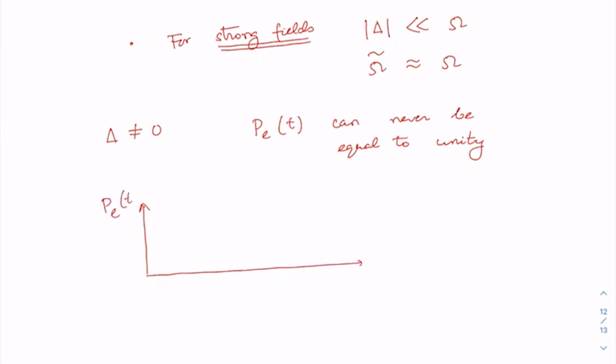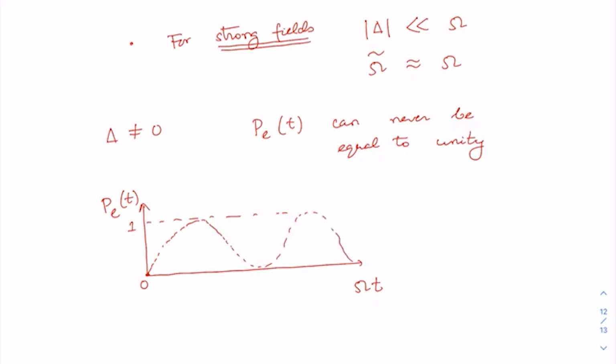Pe of t, if I plot versus omega t, in the resonant case, suppose the atom is in the ground state, so the excited state would be 0 initially at time t equal to 0. So we will have this kind of a plot for the resonant case.